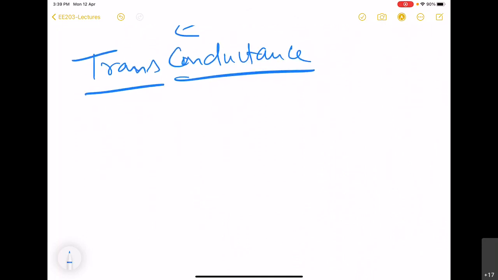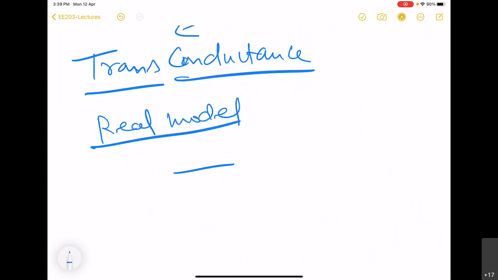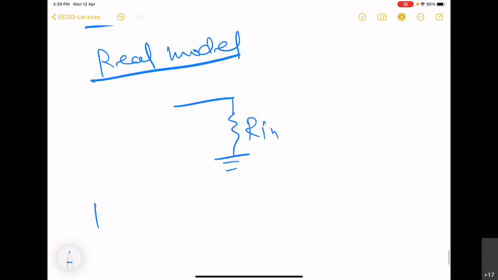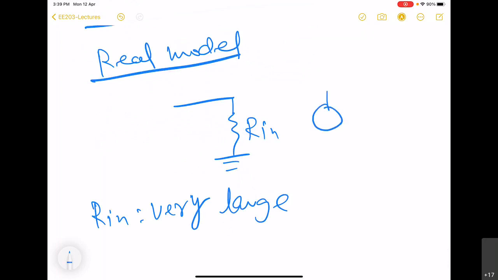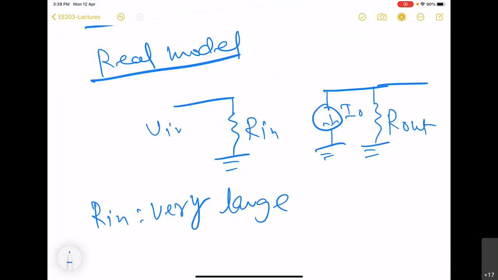And a more generalized model, or real model, for this case is going to be that we have Rin, and this Rin is very large, and similarly on the output side we have an ideal current source with a large Rout. So this Rout is also very large.